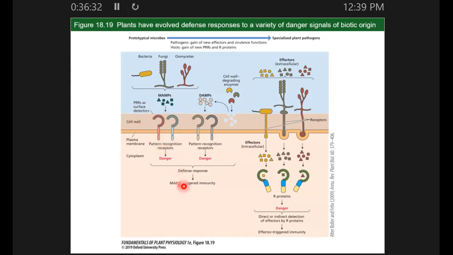So once you get that MAMP docked into the receptor protein, that's going to trigger a signal cascade all the way, hopefully, to shifting the gene expression so the plant starts to defend itself if it needs to, if it's a pathogen. So that's what the MAMP triggered immunity is getting at.